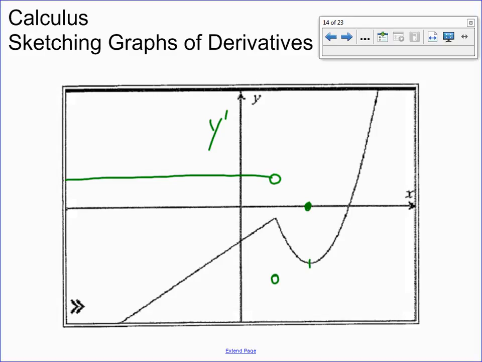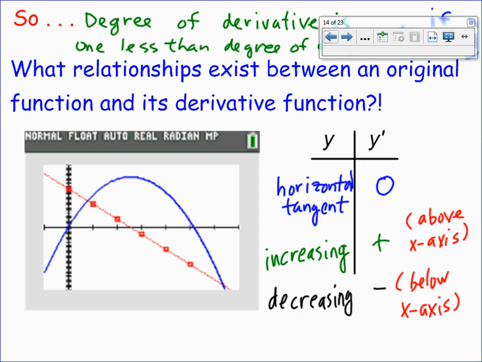So right here, we'll have an x-intercept on my first derivative. And when y is increasing, y prime in green will be positive. It looks like the steepness is increasing, therefore my y prime values are increasing. So I'll have a linear segment here. And we've got a nice green y prime now. Key things: we got a horizontal tangent on my original.